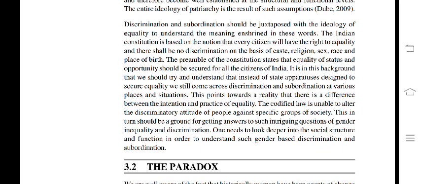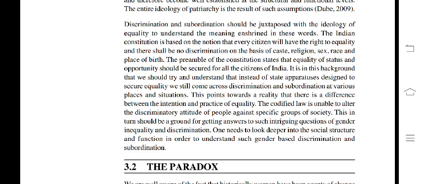It is in this background that we should try and understand that despite the state apparatuses designed to secure equality, we still come across discrimination and subordination at various places and situations. This points towards the reality that there is a difference between the intention and practice of equality. The codified law is unable to alter the discriminatory attitude of people against specific groups of society.